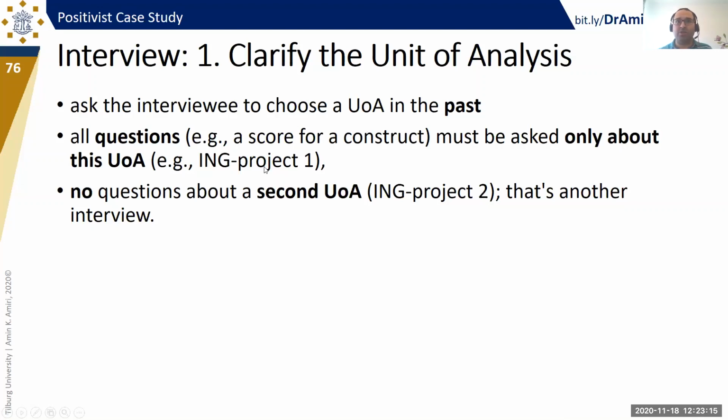So if the unit of analysis is a project, you would have the interviewee give you a name for that project. Let's call it ING project 1. And then every score that you're giving me must be about that project. And there shouldn't be a question about a second unit of analysis because that is another interview.